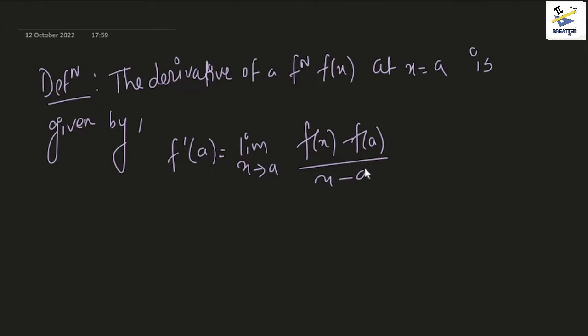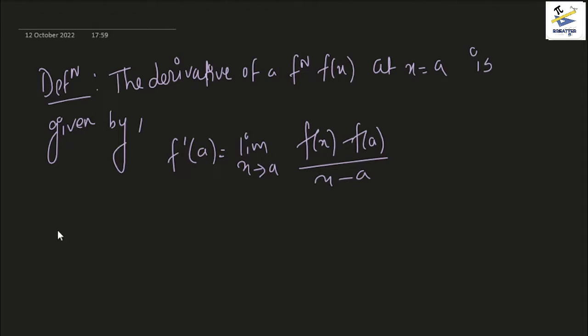So this is the definition of the derivative of a function, and we can use it to our advantage to find the different derivatives. Now let us begin by solving different basic derivatives first, and then we can do the other ones later.